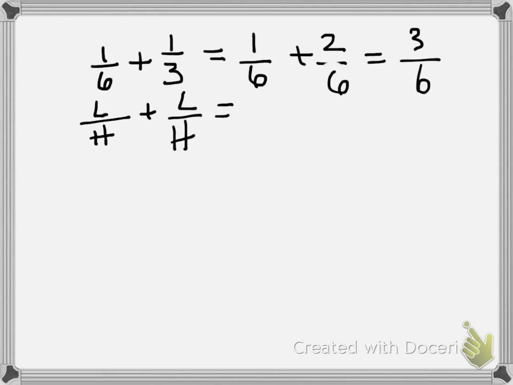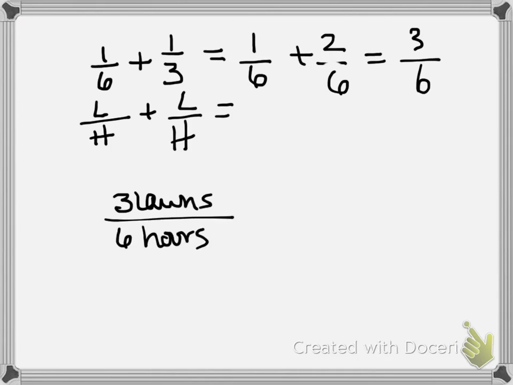So what is this unit? This means I can do 3 lawns every 6 hours. Now, we don't usually think about lawns per hour. We think about hours per lawn. So I can say 6 hours for 3 lawns.